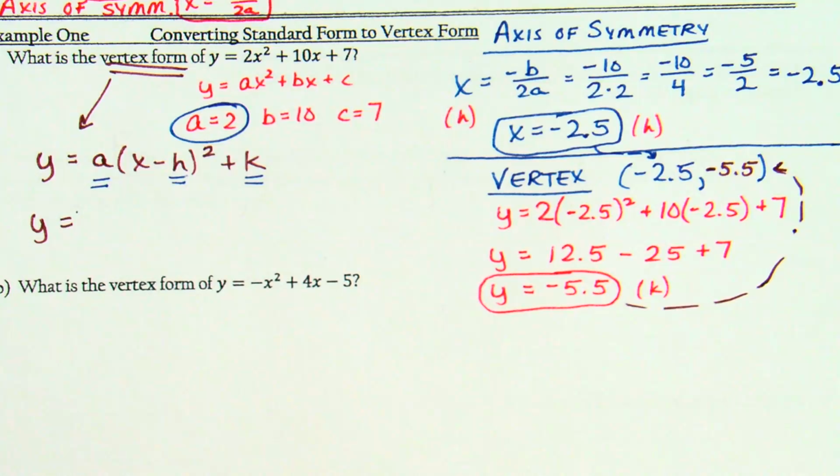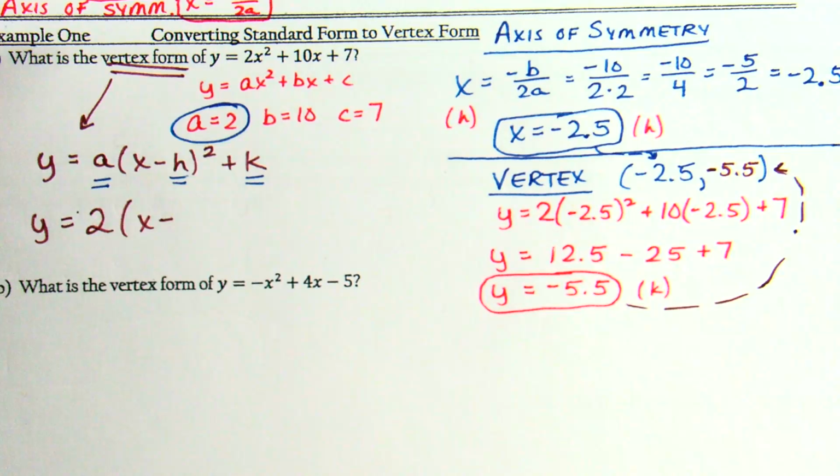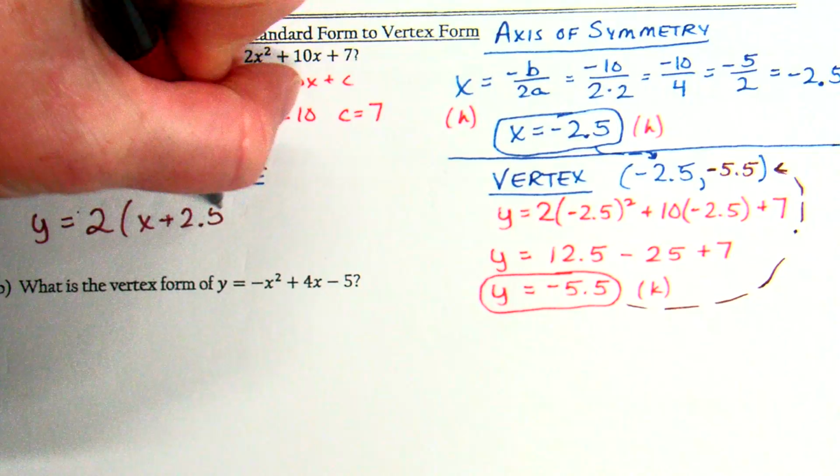So that's x minus negative 2.5. So it becomes (x plus 2.5) quantity squared plus k, minus 5.5. Yeah, so good news. You didn't have to do any work to find a.